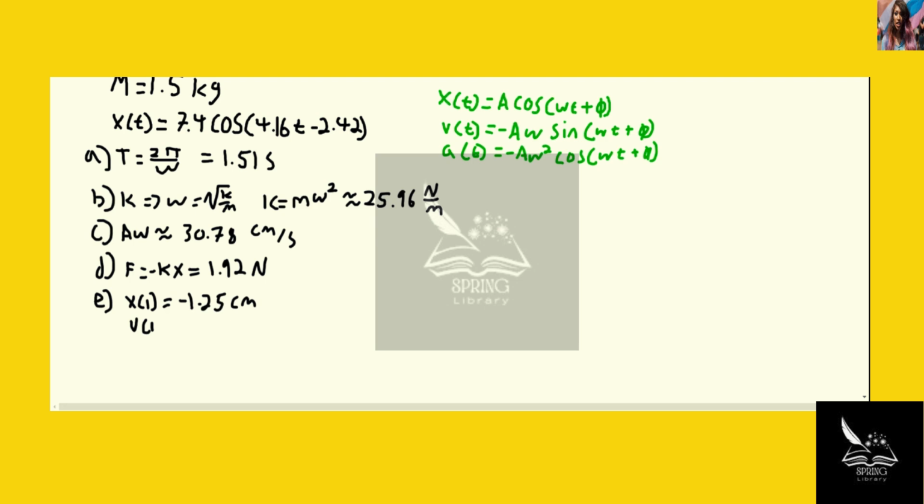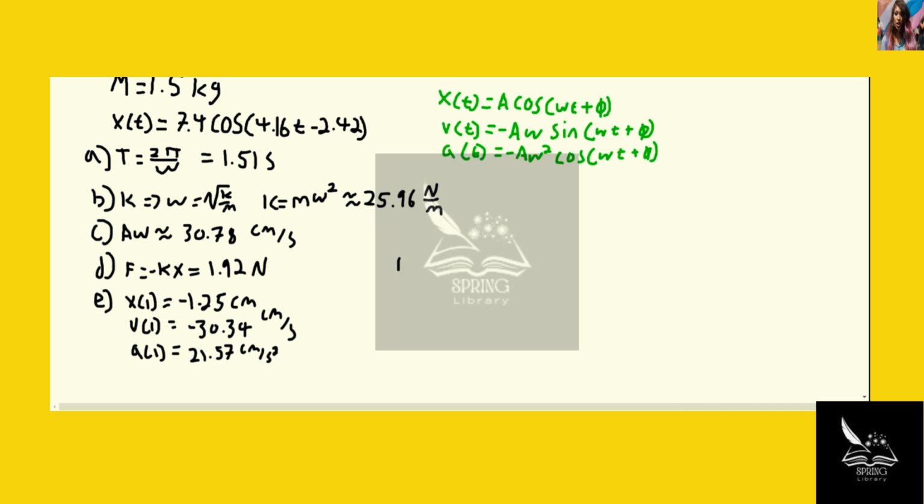V at 1 is equal to negative 30.34, and this is centimeters per second. And then the acceleration at 1 is going to be equal to 21.57 centimeters per second squared. So part E is pretty easy. It's just plugging into the equations that we already have.